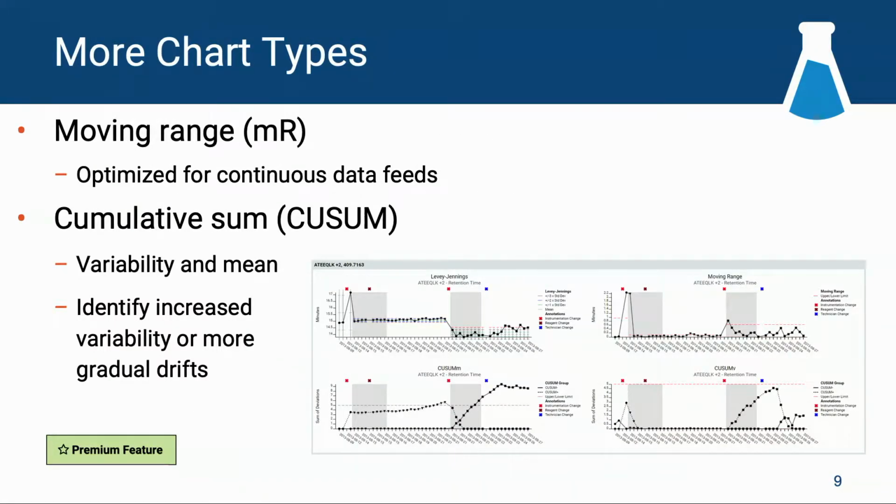And then we said, okay, let's go ahead and add more charts because who doesn't love more charts? So these are also part of the statistical process control methodology. And what they allow you to do is focus in on different types of variation or process problems. The Levi Jennings plot is really just showing the absolute value of whatever metric you're tracking, and says anything outside of 3 standard deviations plus or minus from that mean, that's the de facto standard for what's considered out of control.